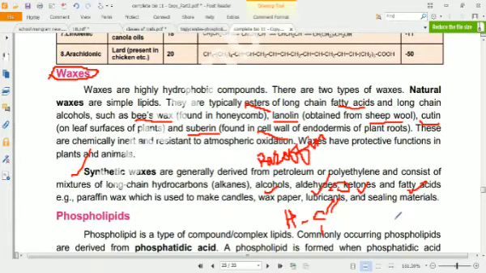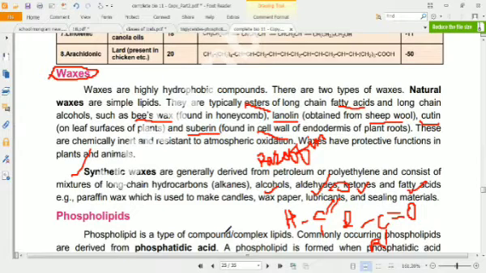In ketones, on both sides, in place of H, R is present, a long chain of carbon. So these are the groups which are present in synthetic waxes.